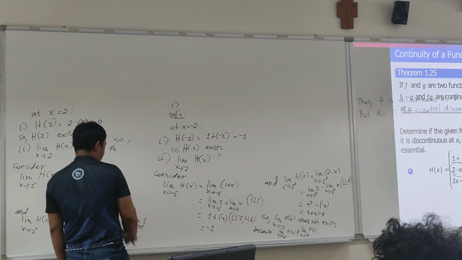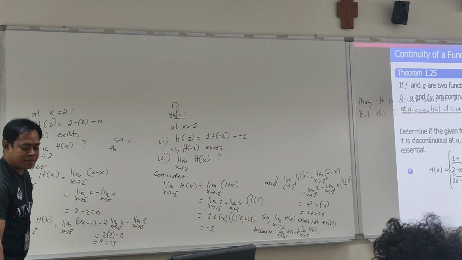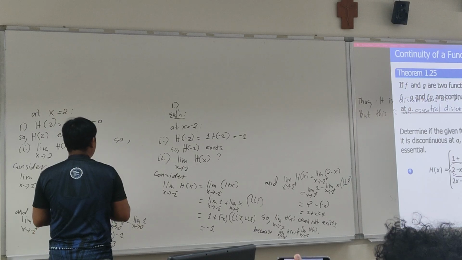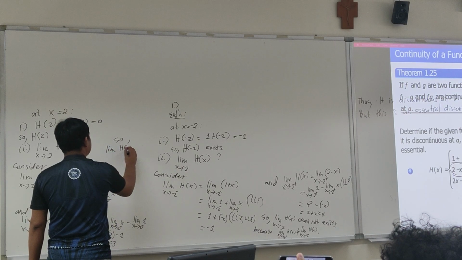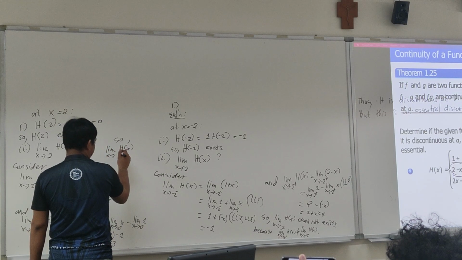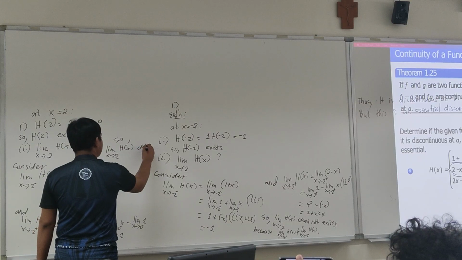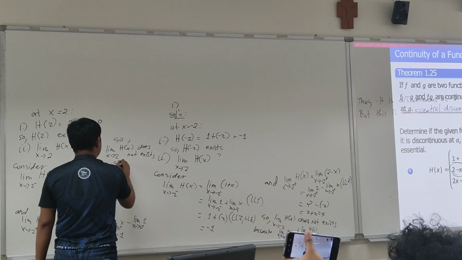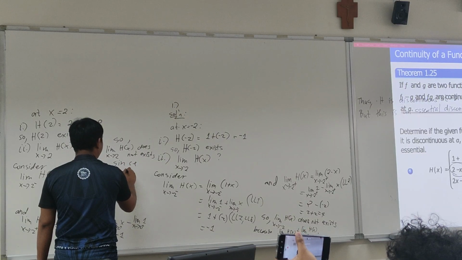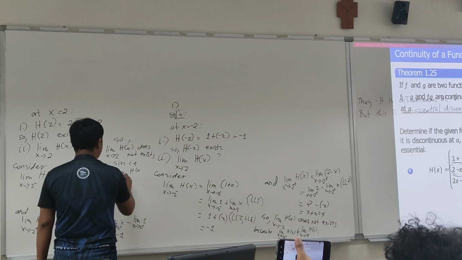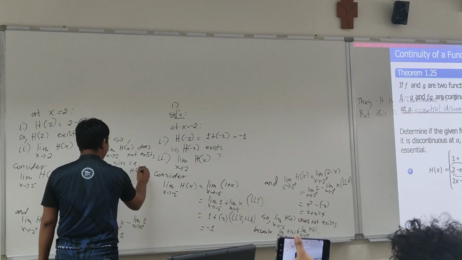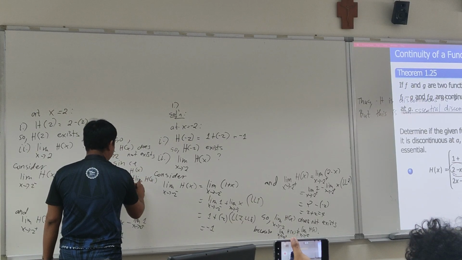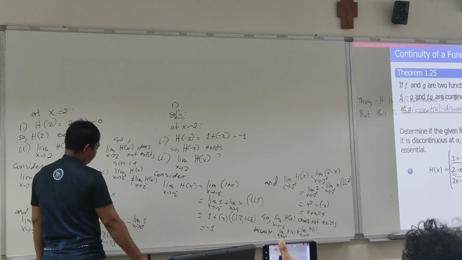The limit of your function, of course, does not exist again. So, the limit of h of x as x approaches 2 does not exist, since the limit of h of x as x approaches 2 from the left is not equal to the limit of h of x as x approaches 2 from the right.